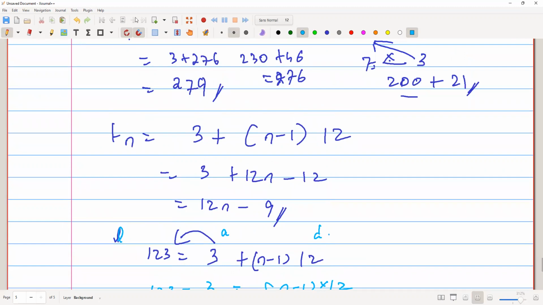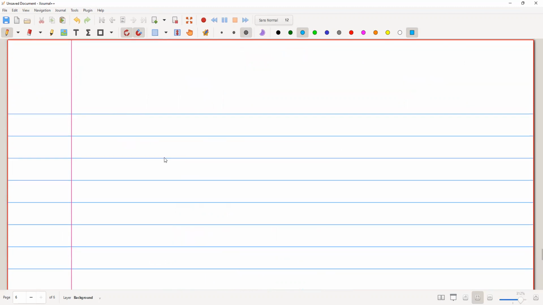Likewise, we can create the formula. We know Tn equal to A plus n minus 1 into D. Here Tn is the last term, which term we want to find, L. So I take this A here.